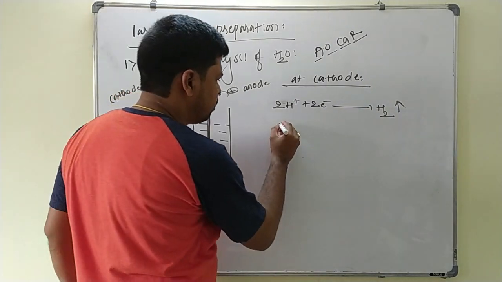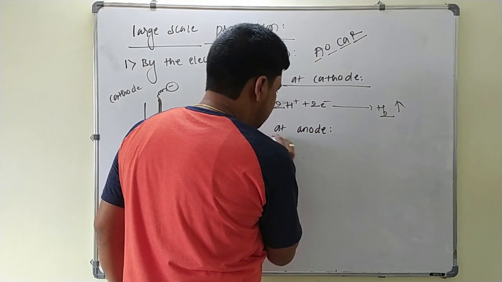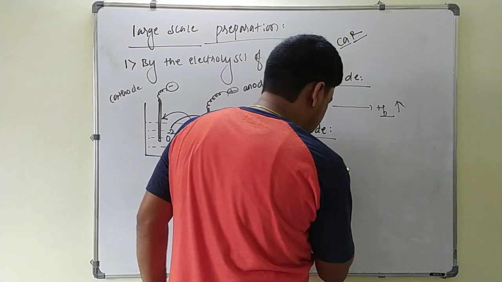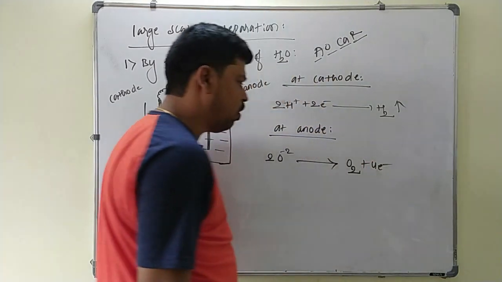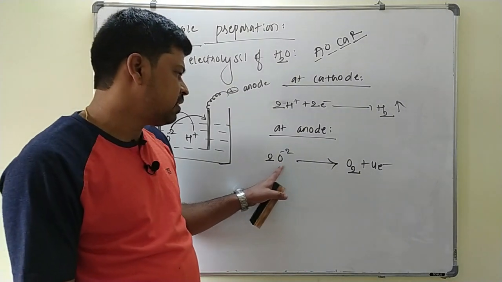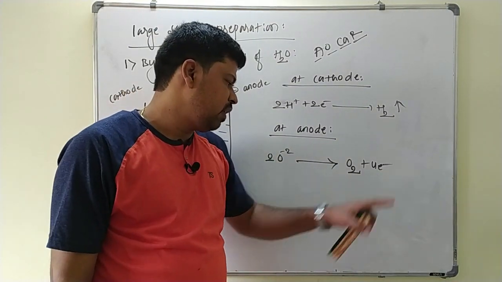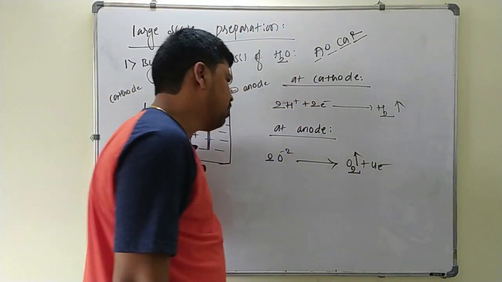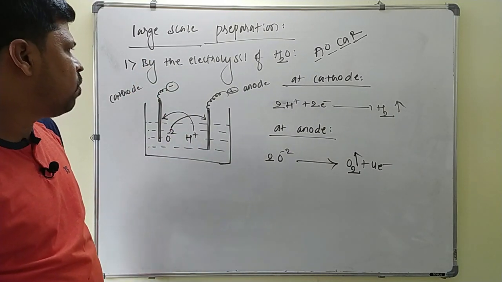At the anode oxidation takes place. 2 times O minus 2 will form O2 and give out 4 electrons. 1 O minus 2 gives 2 electrons, and 2 O minus 2 will give 4 electrons, so that oxygen gas is liberated at the anode here. This is the large scale preparation of oxygen by the electrolysis of water.